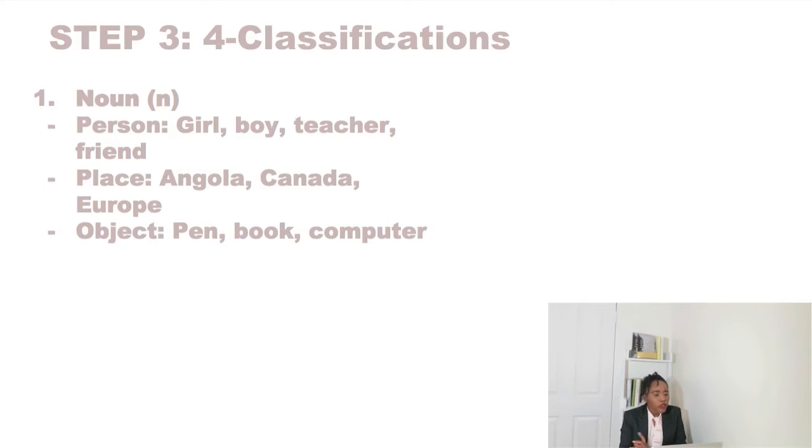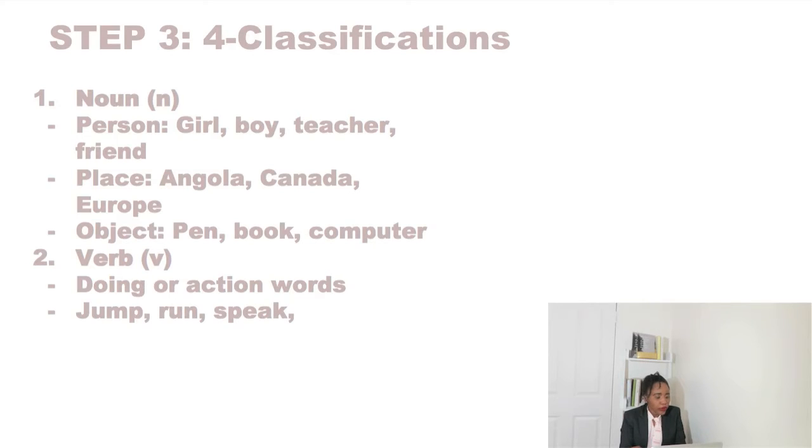It could also be an object, such as any of these listed, or the cake, as we've seen in the previous sentence example. And then you have the verb classification, which we have spoken about briefly. So these are your action or doing words.